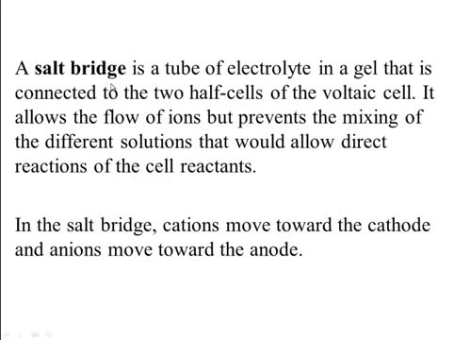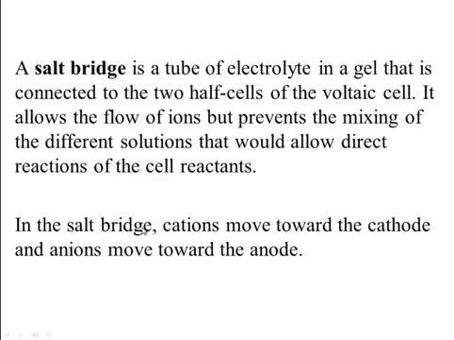Now what does a salt bridge exactly do? A salt bridge is a tube of electrolyte in a gel that is connected to the two half cells of the voltaic cell, and it allows a flow of ions but prevents the mixing of the different solutions that would allow direct reaction of the cell reactants.